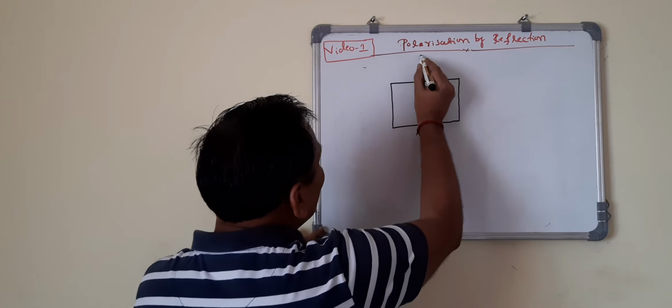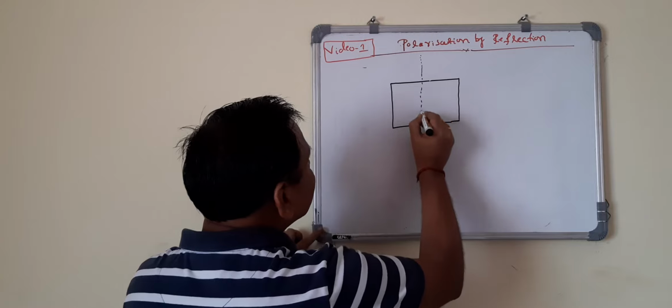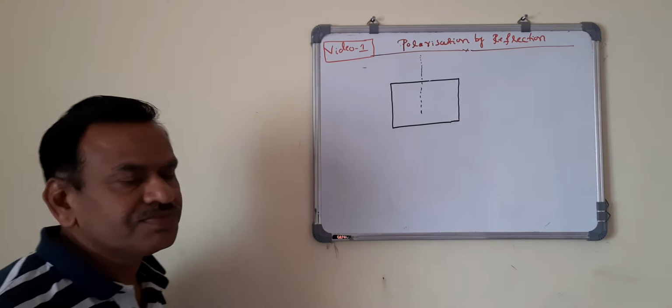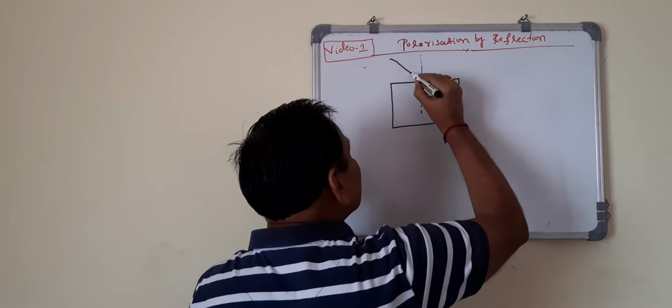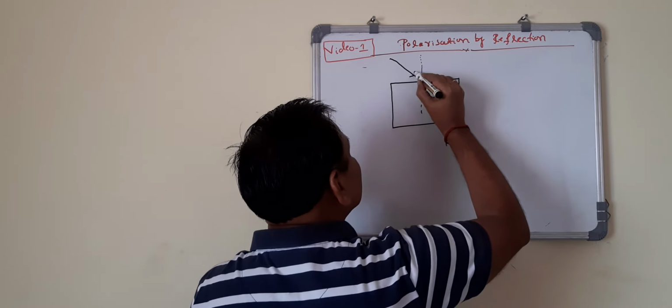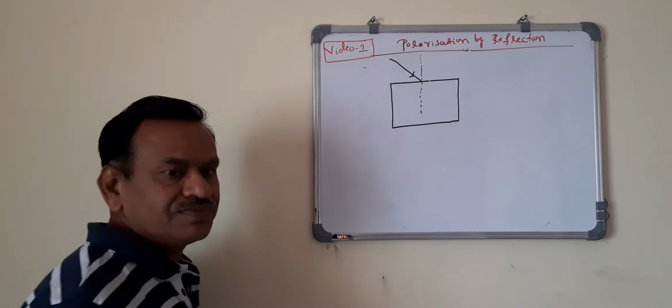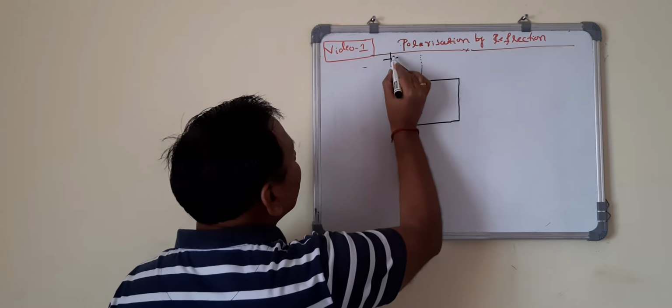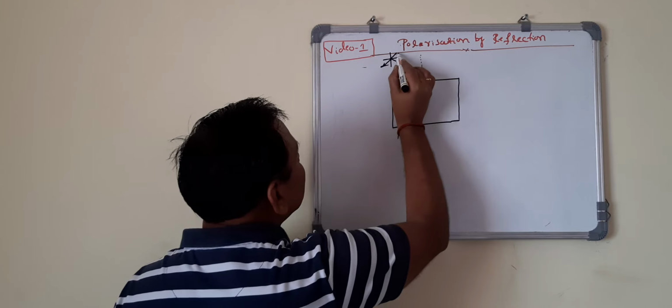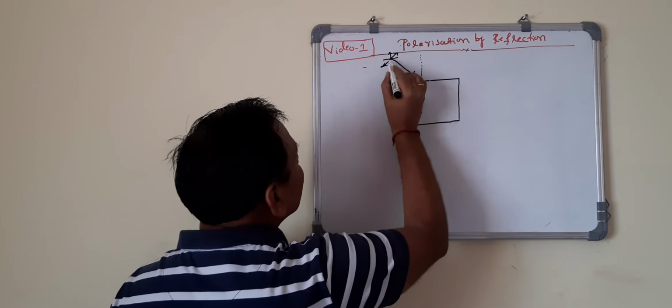Here I have drawn one normal, I will draw it. This is the incident ray. This incident ray consists of vibrations in different planes.